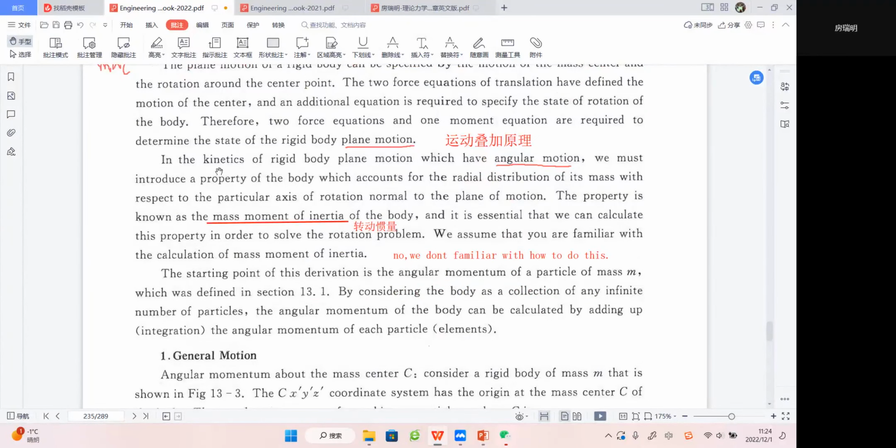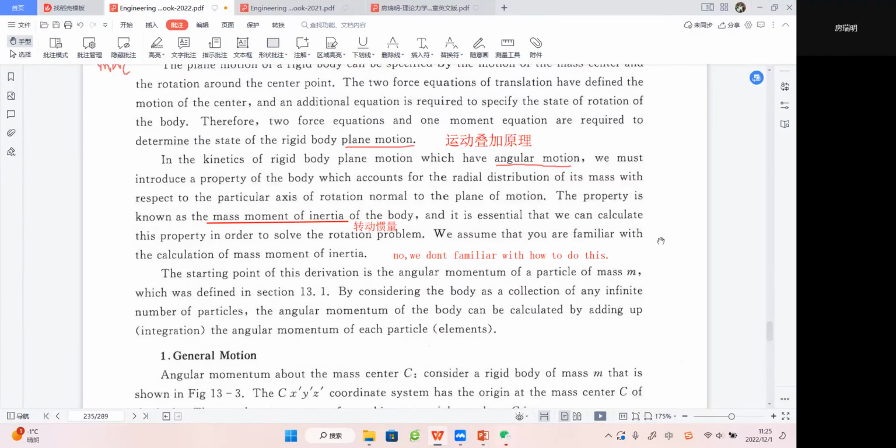It tells us that in the kinetics of rigid body plane motion, which has angular motion, we must introduce a property of the body which accounts for the radial distribution of its mass with respect to the particular axis of rotation normal to the plane of motion. See, we need another property.